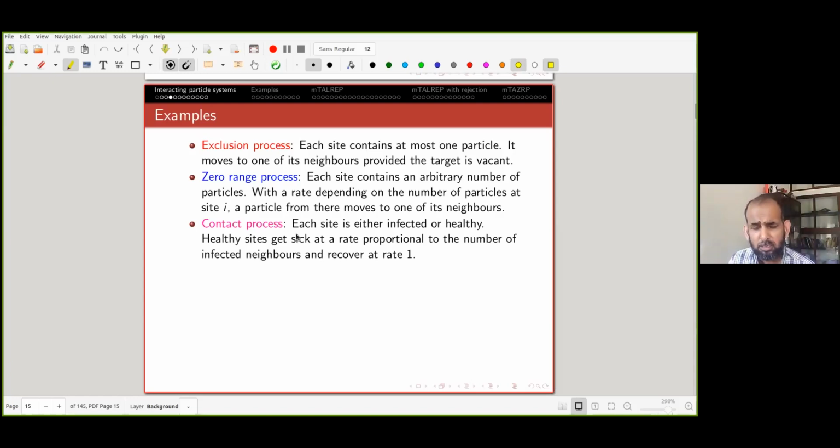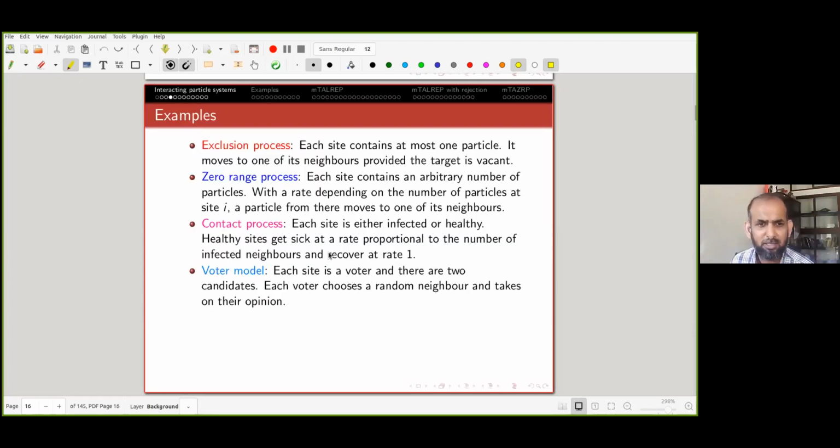The contact process is another example. Each site here is either infected or healthy. Again, you can think of this as 0, 1. Healthy sites get sick at a rate proportional to the number of infected neighbors, and infected sites recover at a fixed rate. This is probably a model that is of current interest, although it's much older.